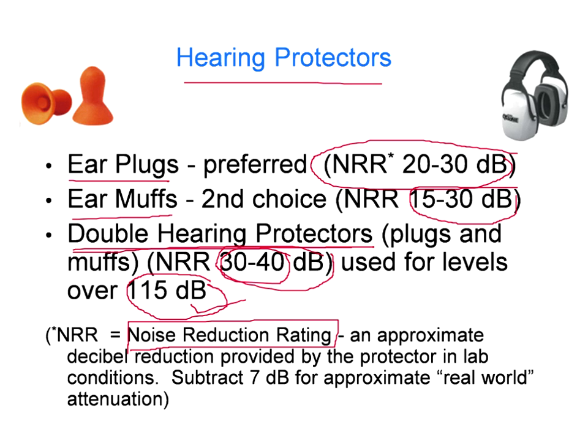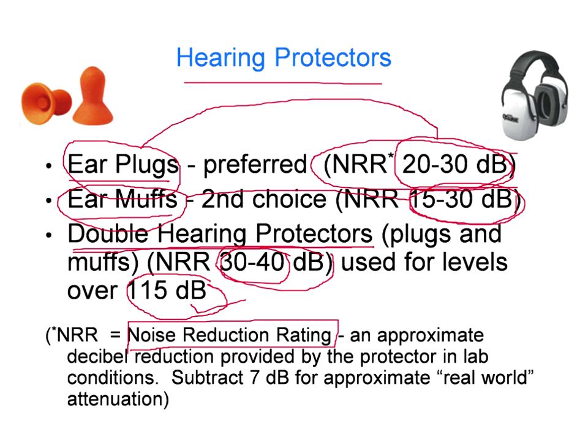NRR means noise reduction rating. If you use earplugs, it reduces 20 to 30 decibels and then sends the sound waves to you. If you use ear muffs, it will reduce 15 to 30 decibels.